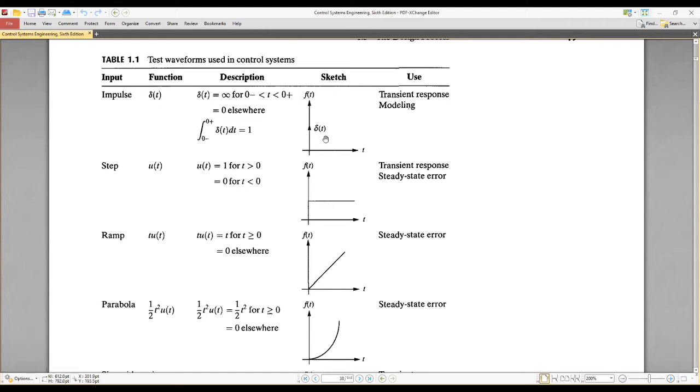That is the impulse. And this is a step function. u(t) is equal to 1 for t greater than 0. When t is greater than 0, it is 1. When t is less than 0, it is 0. So it is the step function u(t).